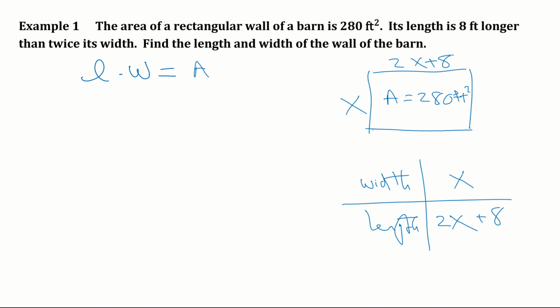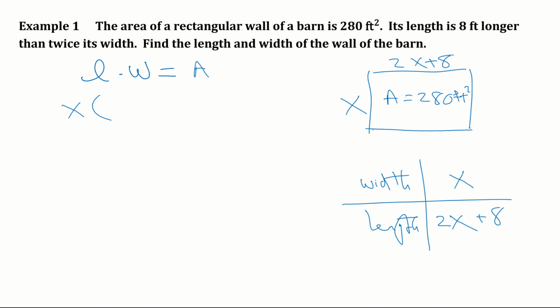So here, notice that the length is going to be 2x plus 8 and the width is going to be x. So I'm going to get this expression times this expression. It doesn't matter which one of them I put first. I'll put the one with only one term first. It'll make it a little bit easier. So I'm just going to put W times L. It's the same as L times W, of course, because of the commutative property of multiplication.